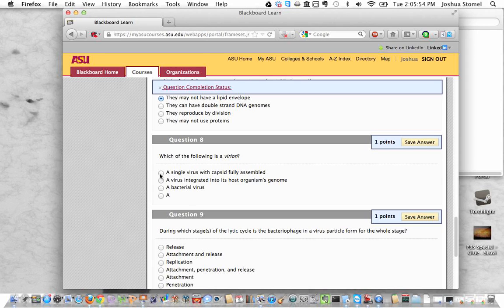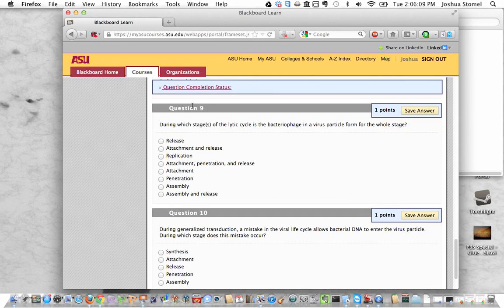A virus integrated into its host's genome is a provirus, and a bacterial virus is a bacteriophage. There's not really any term for a small virus.